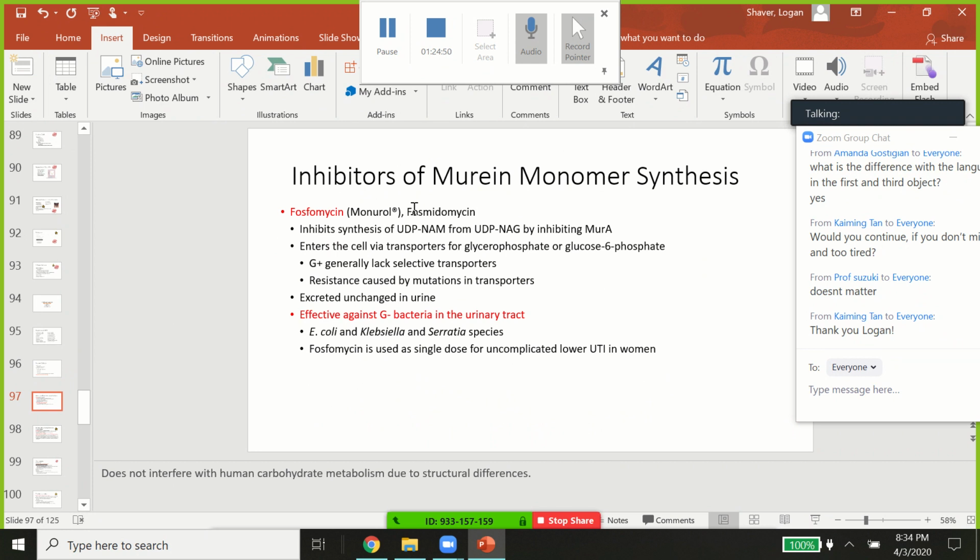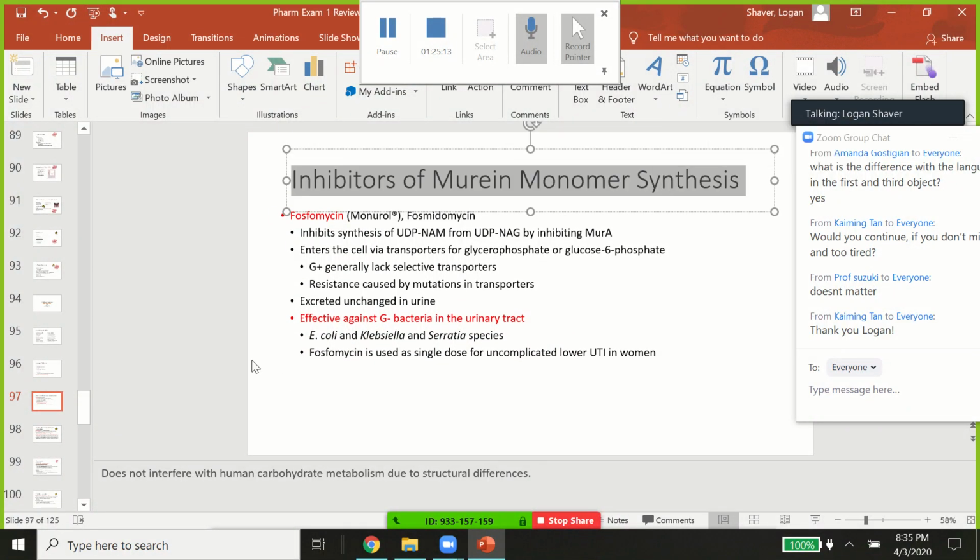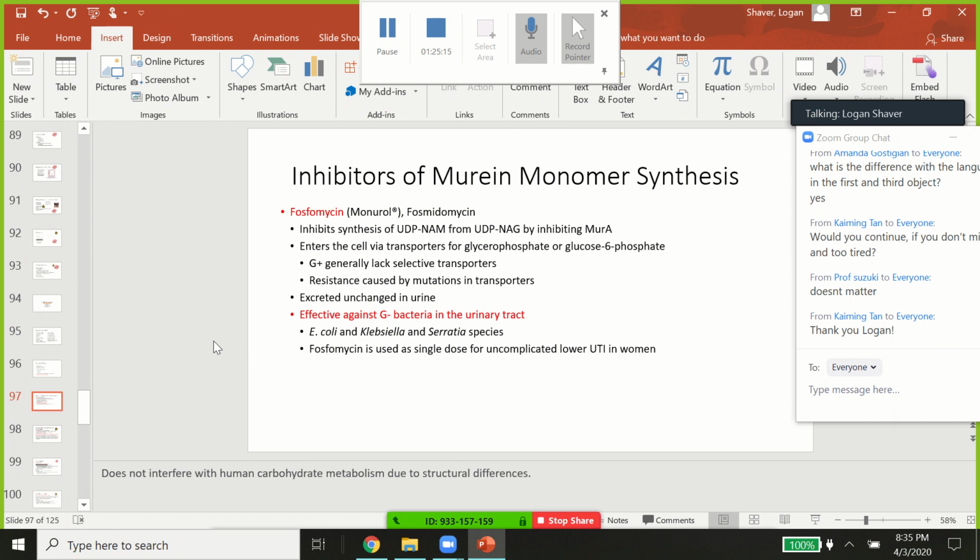The thing she likes to ask a ton about is mechanism of action. Dr. Weaver loves to ask about mechanism of action. So pretty much anytime you see one in red, you want to know what the mechanism of action is. In this case, fosfomycin is an inhibitor of murein monomer synthesis. So make sure you know fosfomycin, inhibitor of murein monomer synthesis.